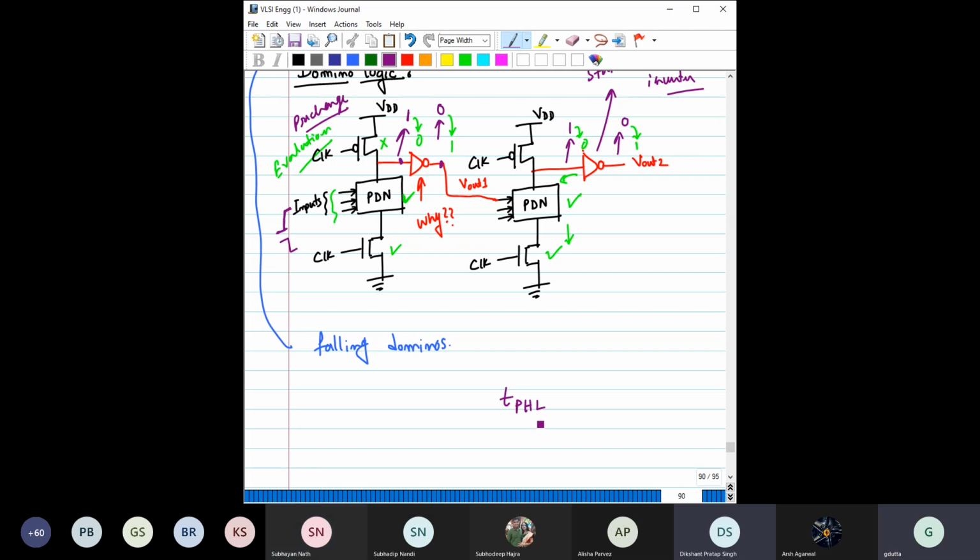What do you mean by TPHL? When the output is changing from high to low, from 1 to 0.